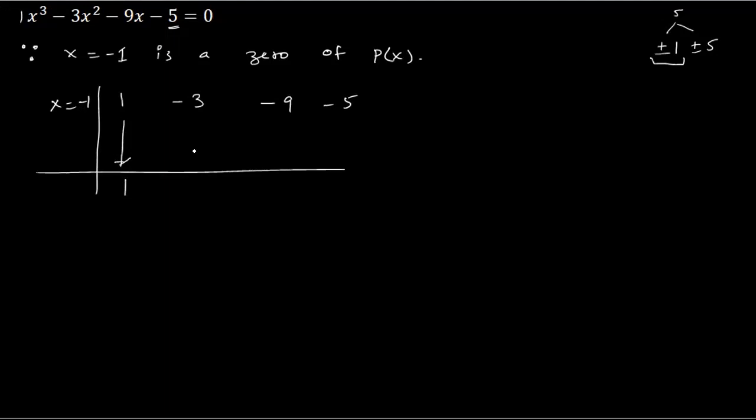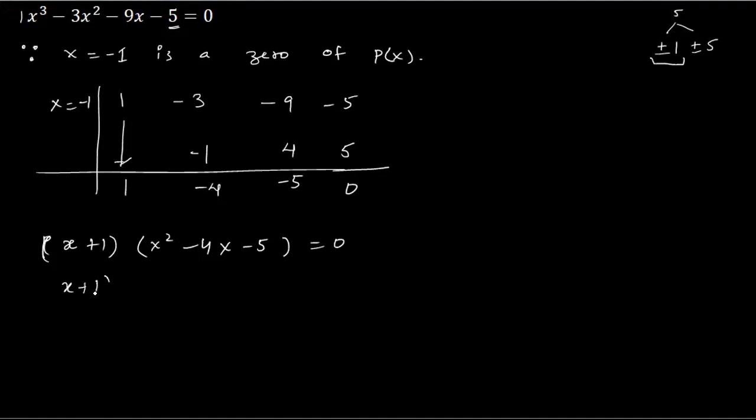So 1 into -1 is -1, add them, -4. -4 into -1 is 4. -5 into -1 is 5. Add them, this is 0. So finally we can write the given polynomial as x plus 1 into x square minus 4x minus 5 equals 0.